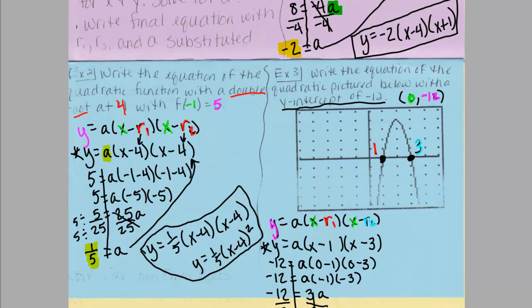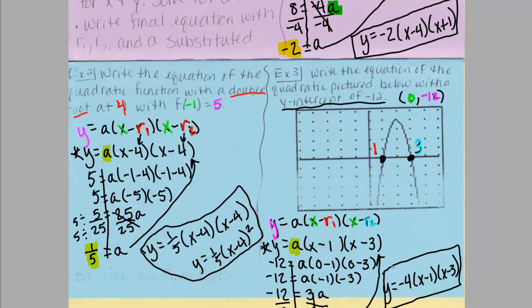So we are going to plug this negative 4 in for this A here. So we will write the exact same thing as this equation is right here, except for the highlighted parts. Y is equal to, instead of A, we will do negative 4, and then x minus 1, x minus 3.